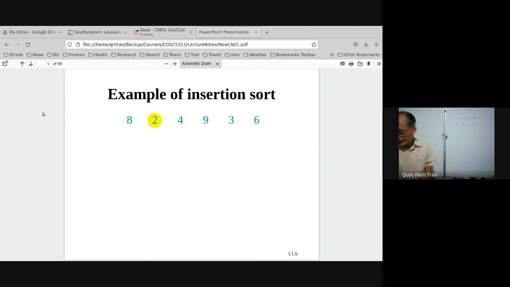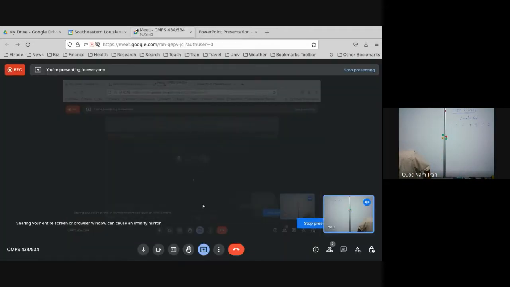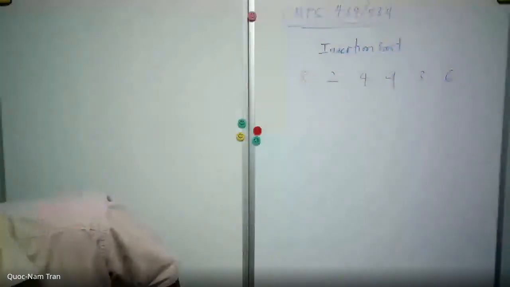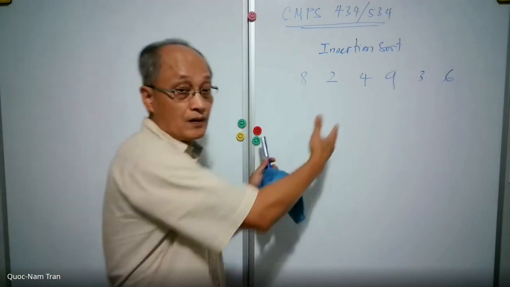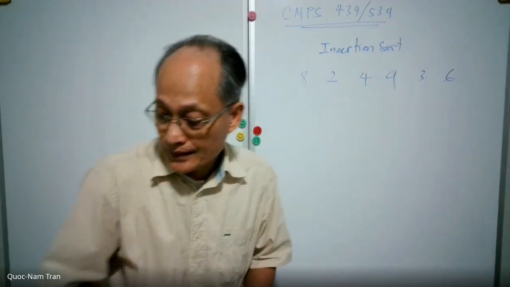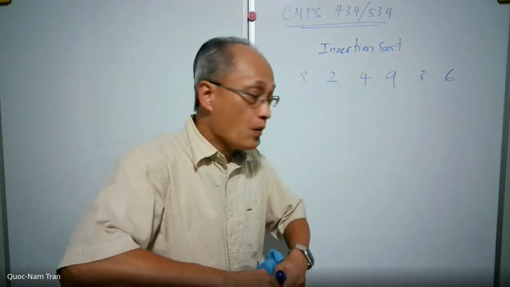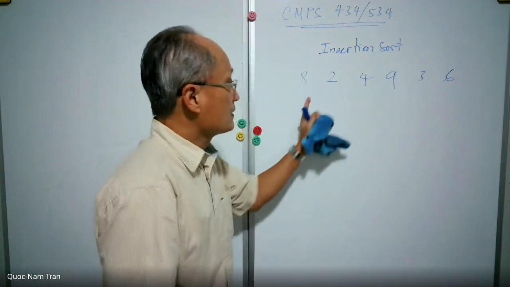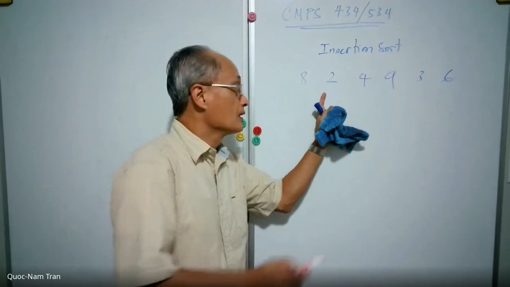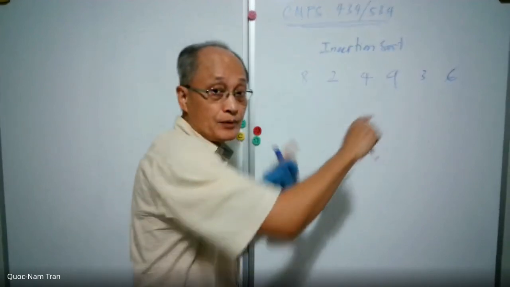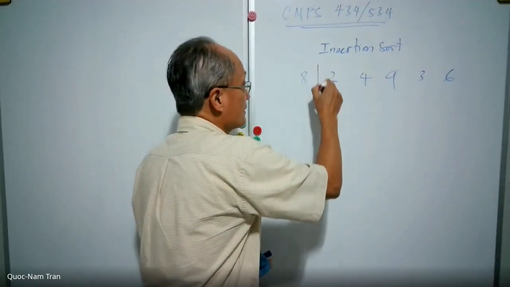All right, now I will turn off the shared document, so we can work on the whiteboard. Now the insertion sort works by first splitting the input sequence into two parts.